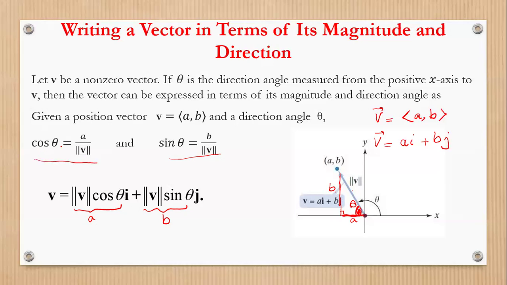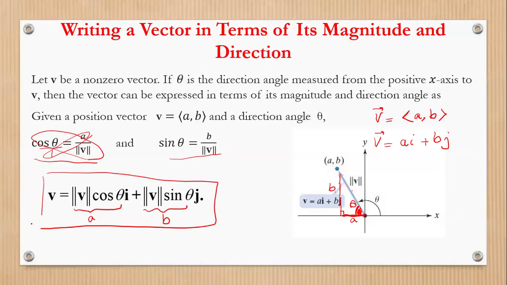If you do the cross multiplying, you will see that a must be equal to the magnitude times cosine, and b must be equal to the magnitude times sine. So that's why we can rewrite the vector in this form if I want to write it in terms of the magnitude and the direction. Instead of a, we use magnitude times cosine. Instead of b, we use magnitude times sine.